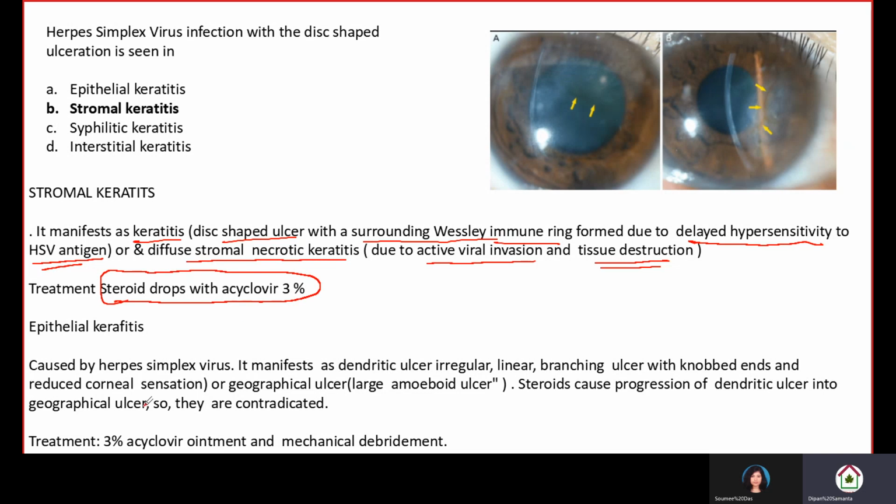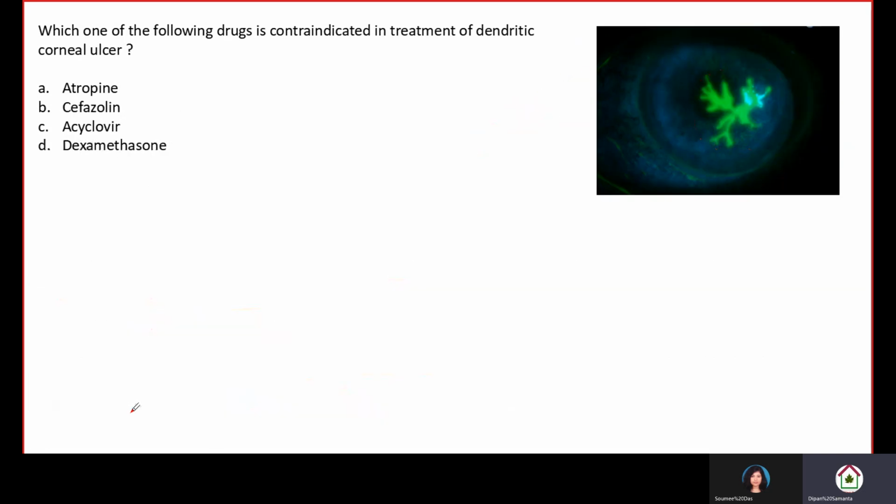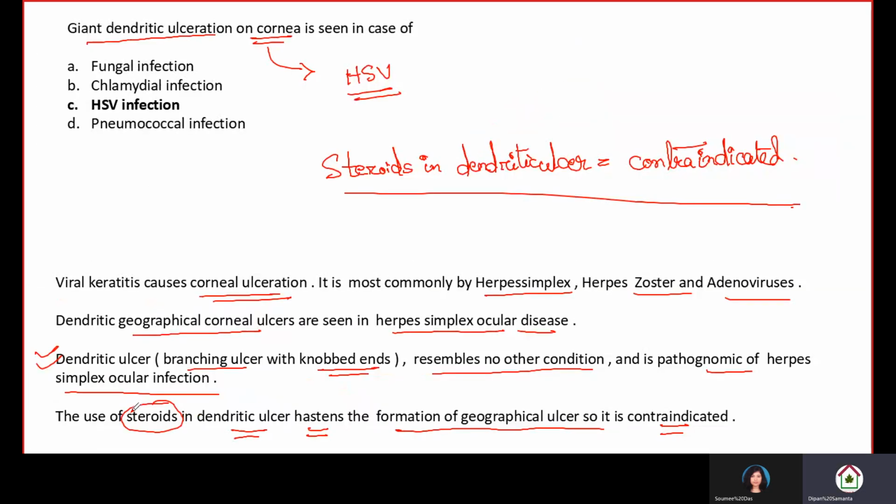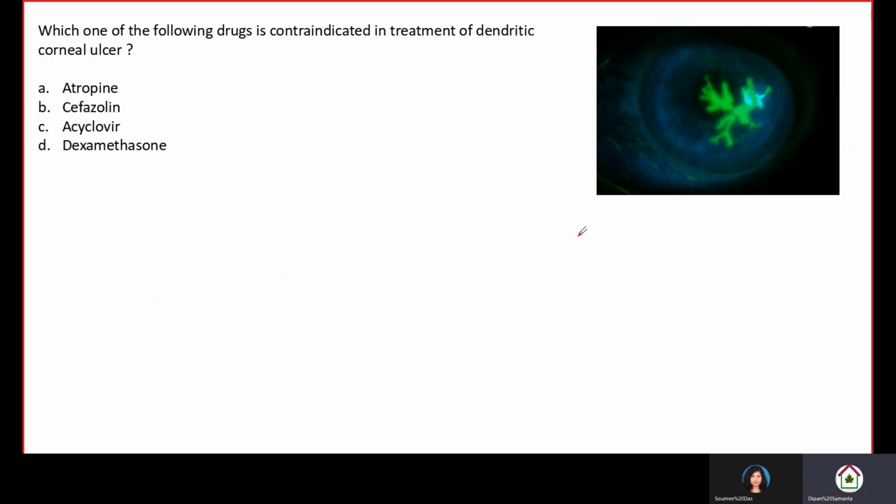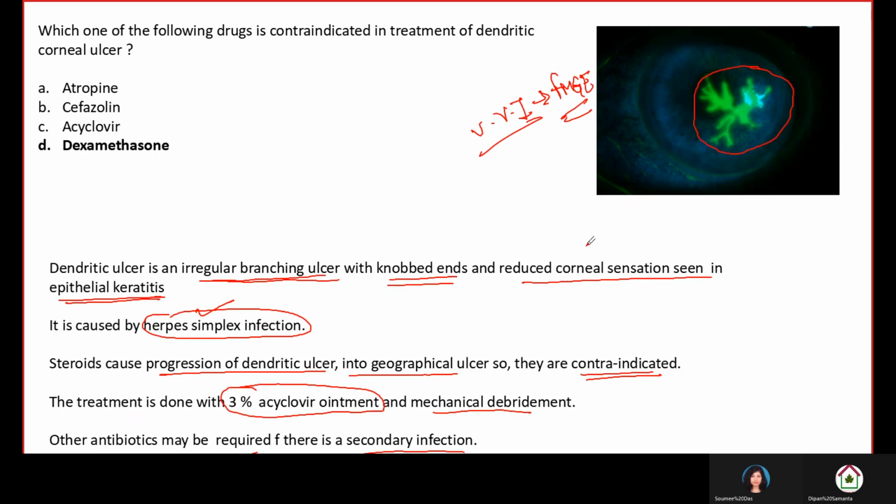In which cases do we not use steroids? In cases of dendritic ulcer.